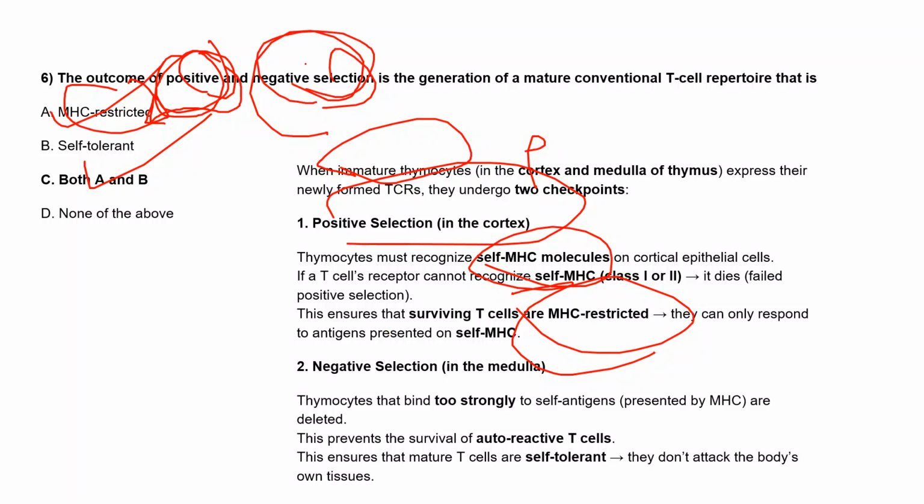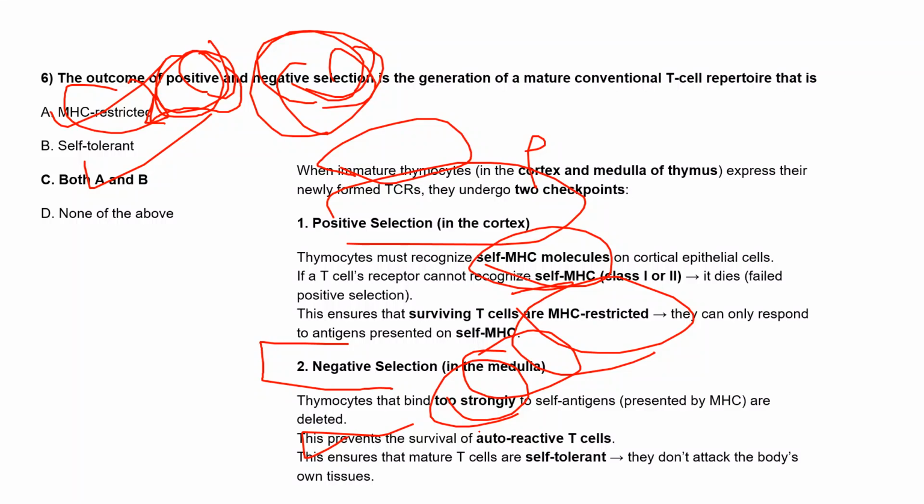Then what is negative selection for? As we saw in the figure, negative selection happens in the medulla. It ensures that if a cell binds too strongly to the self antigen, it is deleted. It will go for death and will not go outside the medulla to the periphery. So it prevents the survival of autoreactive T cells.